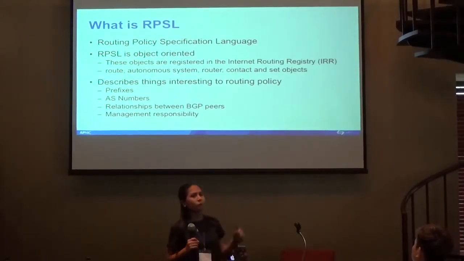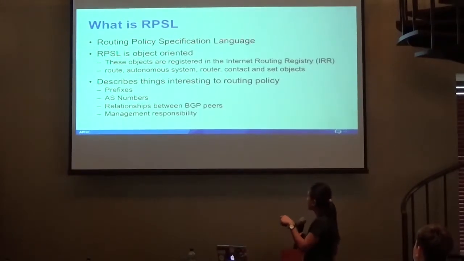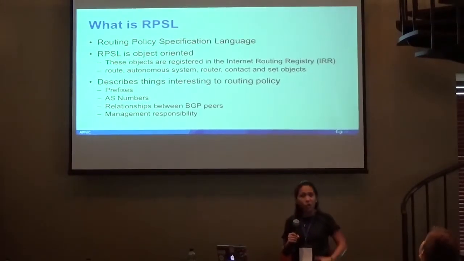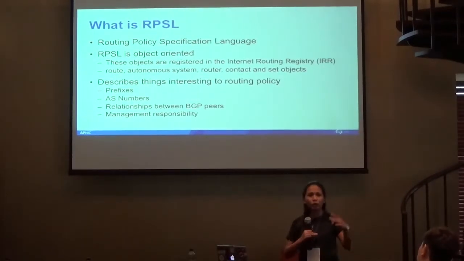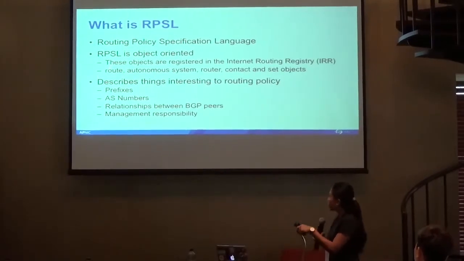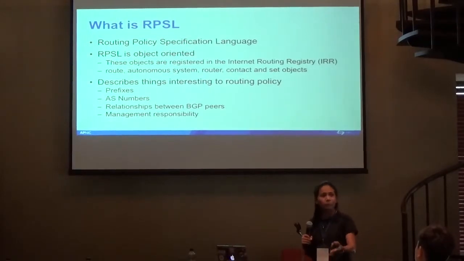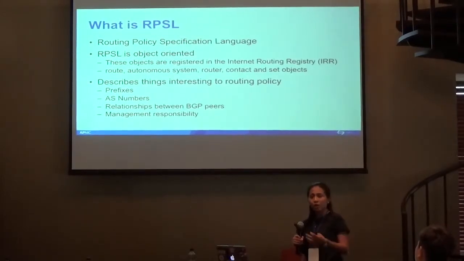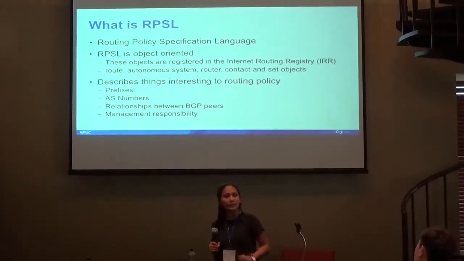But what is RPSL? RPSL stands for Routing Policy Specification Language. It's object-oriented, meaning to define something, you are creating different types of objects. Things like route object, autonomous system, INET-num or INET6-num objects, AS set, route set.